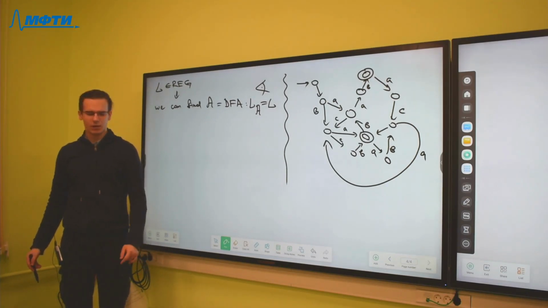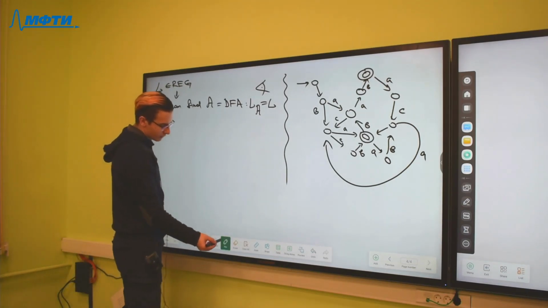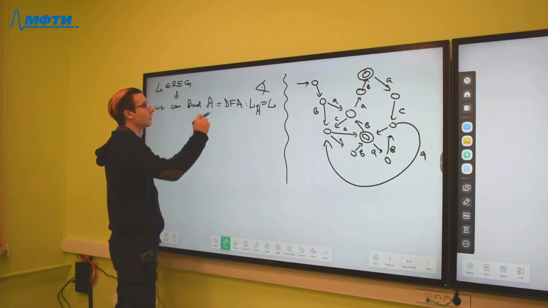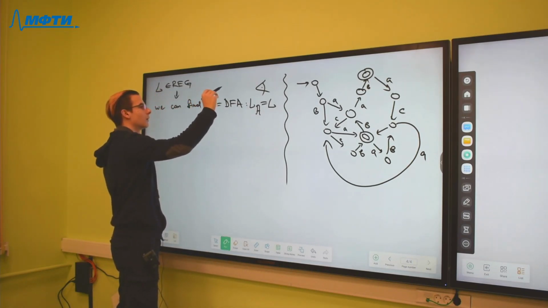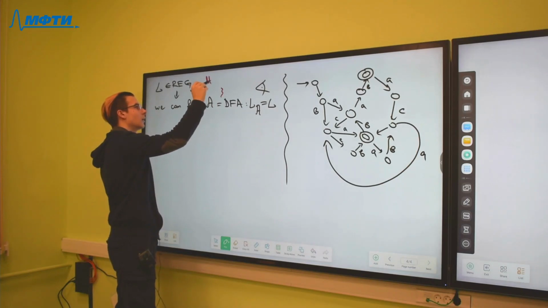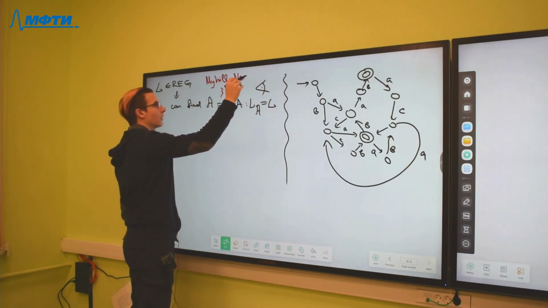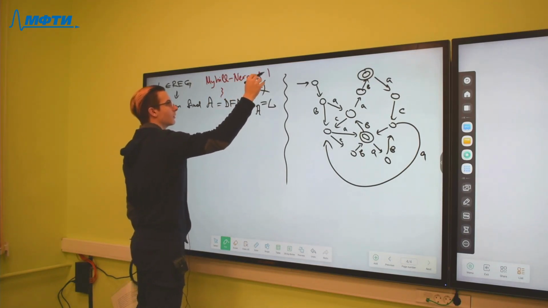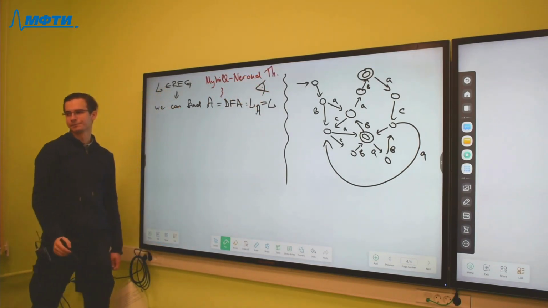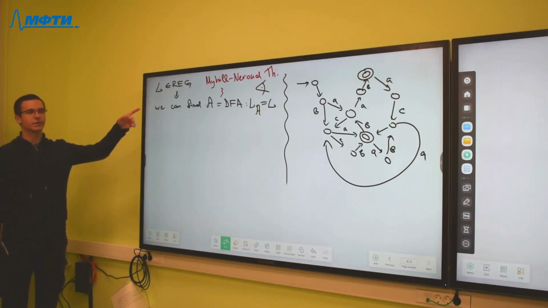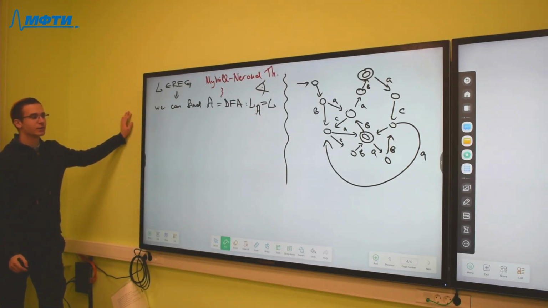It is connected with the Myhill-Nerode theorem. You can find it on the internet, but now we have not a lot of time to talk about it.